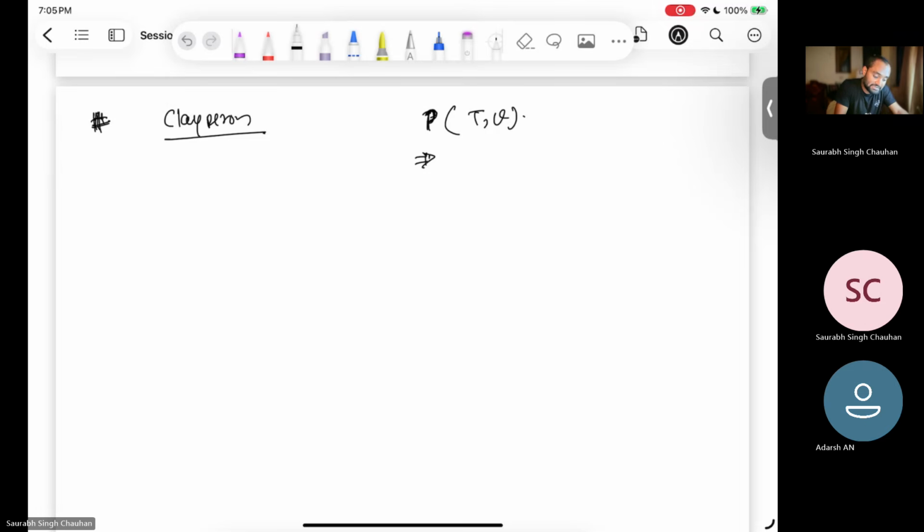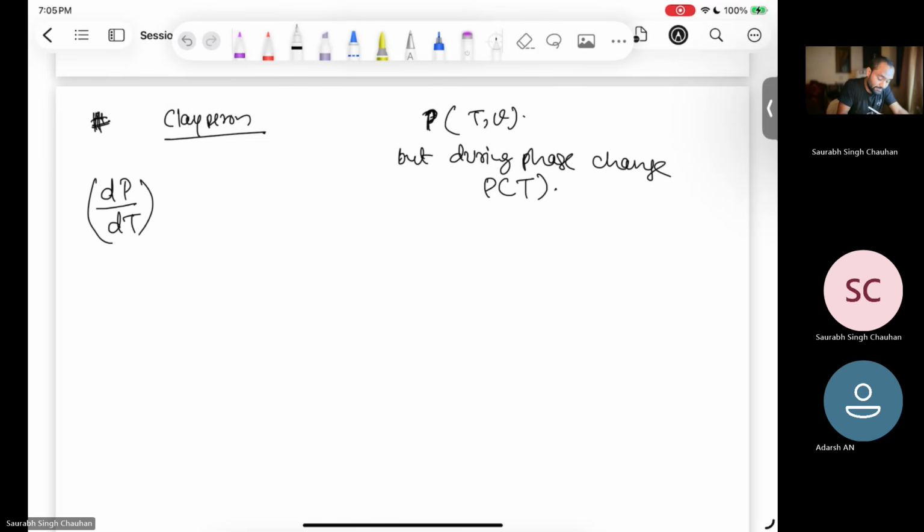So pressure is a function of T and V in general, but during phase change, pressure is a function of only one variable.